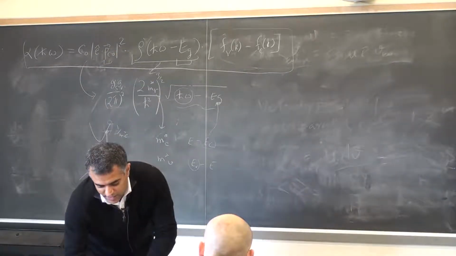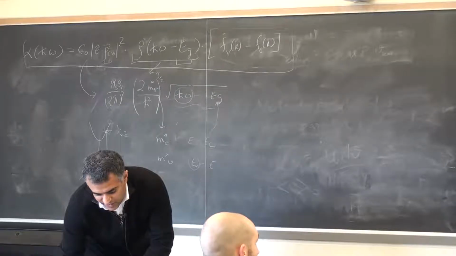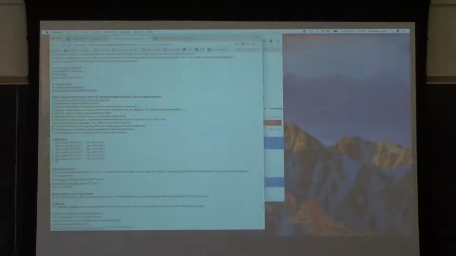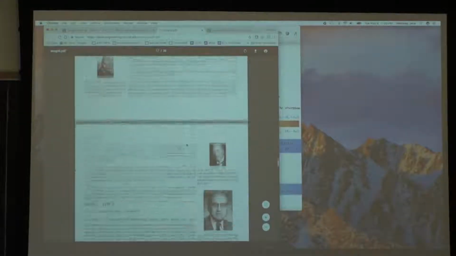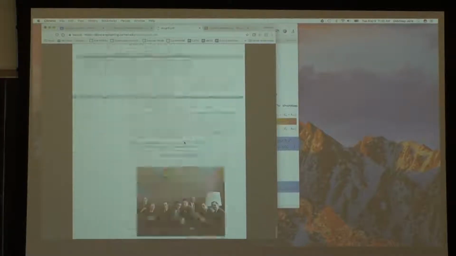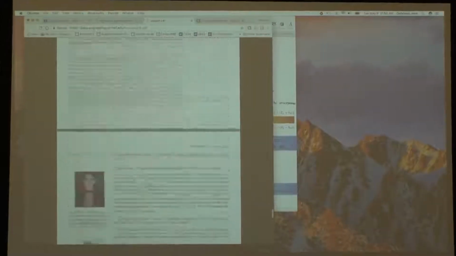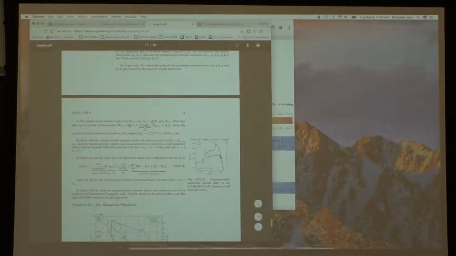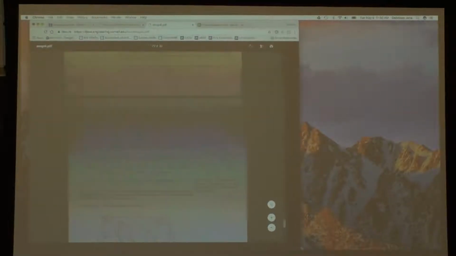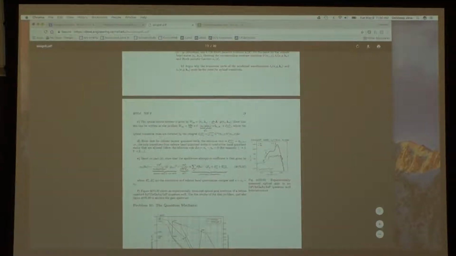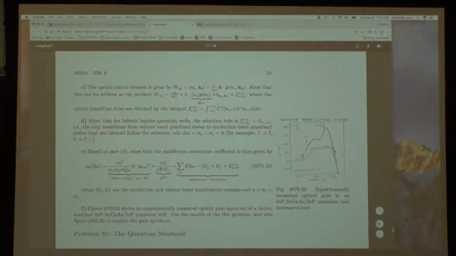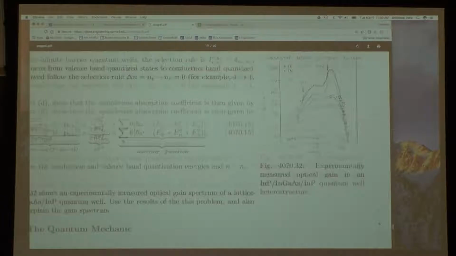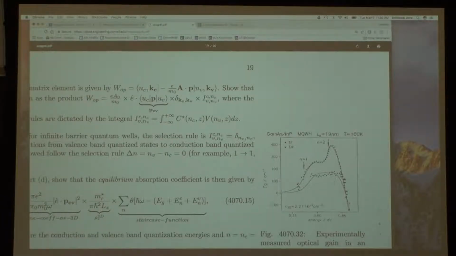As an example, in your assignment I've given you a problem where you are going to explain what's called a gain spectrum, and all of this is related to the absorption spectrum. You're going to explain, qualitatively at least, why this gain spectrum for a quantum well looks like that.